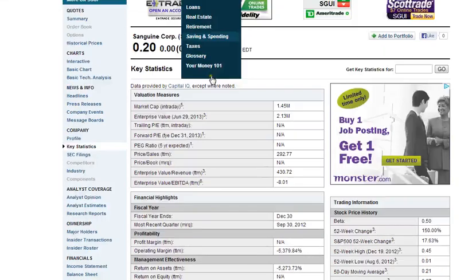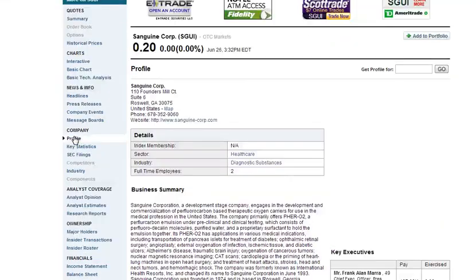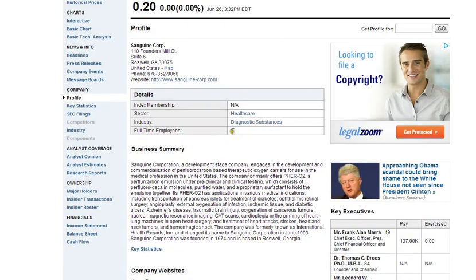This is a penny stock that I bought a long time ago, about 10 years ago. This has a market cap of $1.5 million. Very small company. If you look at the profile for this company, they have 2 employees.